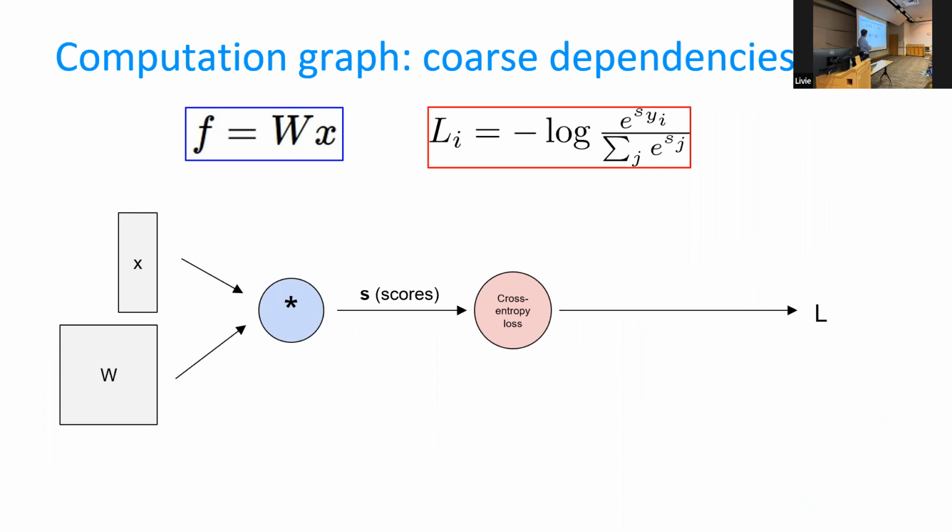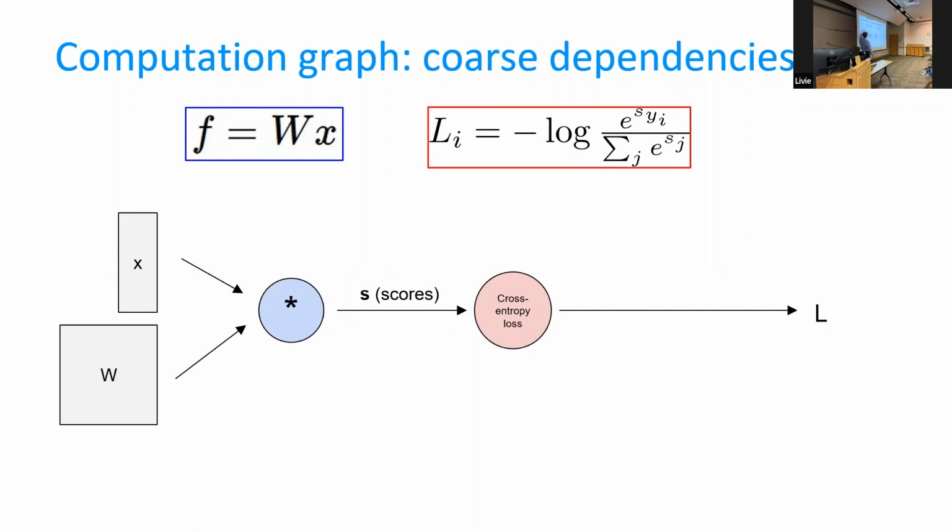We can now take this neural network and translate it from math into a sort of diagram that we will call a computation graph, where we create nodes that represent inputs and outputs, as well as nodes that represent operations.